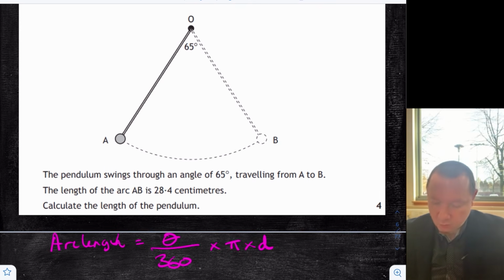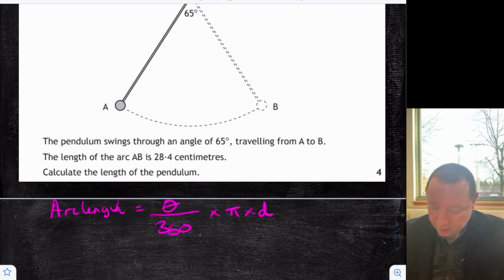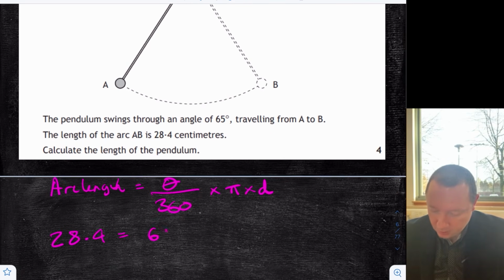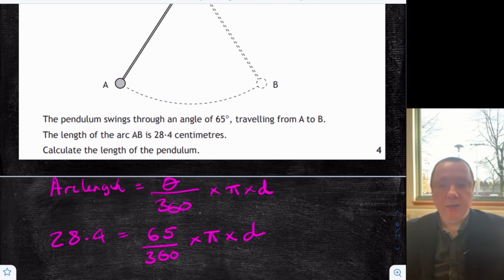When we substitute everything in we've got, so it's told us the arc length is 28.4, so I can write 28.4 equals our angle, which is 65, over 360 times pi, but I don't know the diameter, so I can just write times diameter. Now I find the easiest way to work back here is you could either try and rearrange it directly, or what I like to think of is, usually I do divide by 360 and times by everything else.